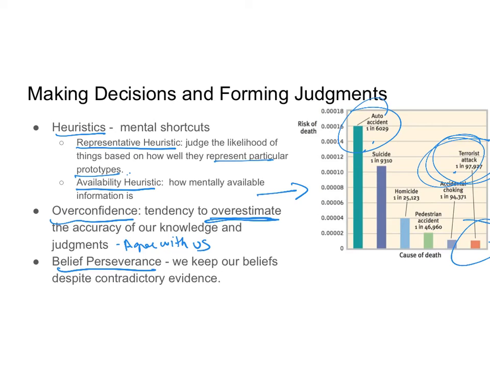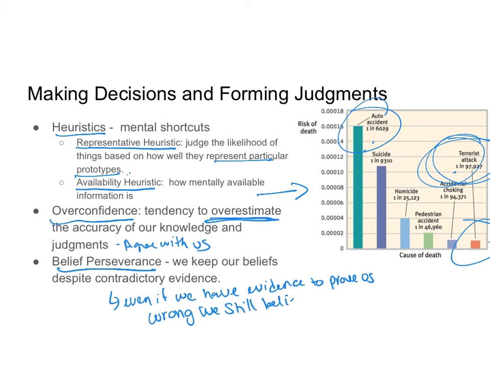We keep our beliefs despite contradictory evidence. So even if we have evidence to prove us wrong, we still believe otherwise. You may want to think of our current commander-in-chief as a prime example of this.